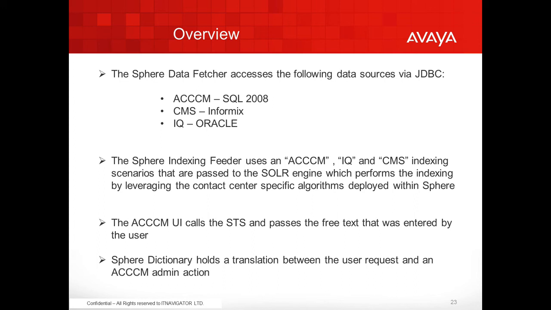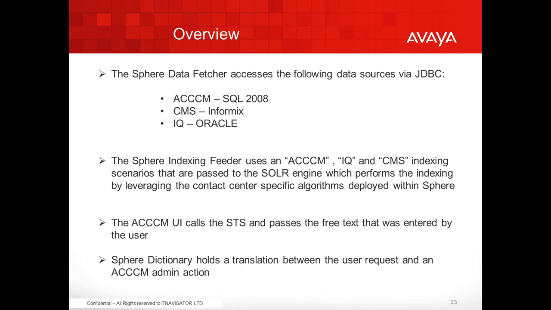So the user would log into the Sphere environment, search for, say, close sales, and the system would prompt him with all the relevant items that are related to his search: the VDN for sales, the service hour that is assigned to the vector that is assigned to our sales VDN. And then the business user, again with no technical knowledge or any Avaya expertise, would be able to close down his contact center using, as an example, the ACCCM visual vector environment.